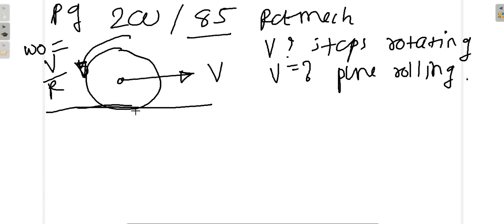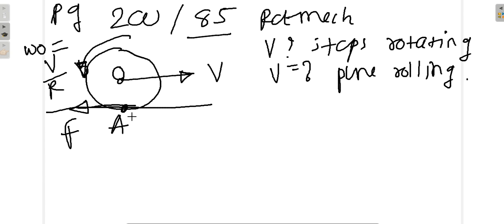The force of friction must act like this so that it will produce a torque in the clockwise direction about the center, and this will reduce the speed of the body. Again, let us apply the principle of conservation of angular momentum about point A. Please note that conservation of angular momentum is a vector equation, and proper sense of direction is extremely important.